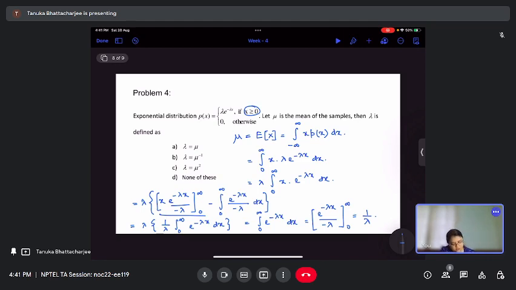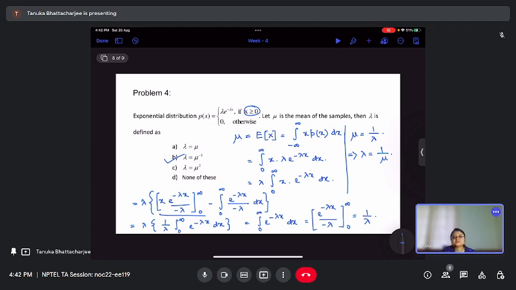So basically what we see is mu is equal to 1 by lambda, or we can say lambda is equal to 1 by mu. So if you see the options, option B is given as lambda equal to mu inverse. So this is our desired relation. So for expectation of exponential distribution, we got 1 by lambda, which is also mu.